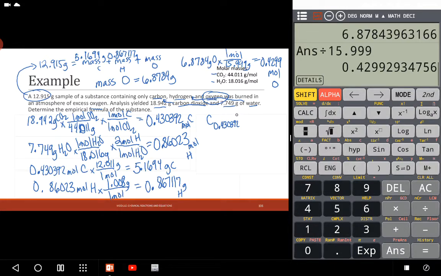So now my tentative chemical formula is carbon with 0.430392, hydrogen 0.86023, oxygen with 0.4299. Gotta divide by the smallest, which in this case is the oxygen.